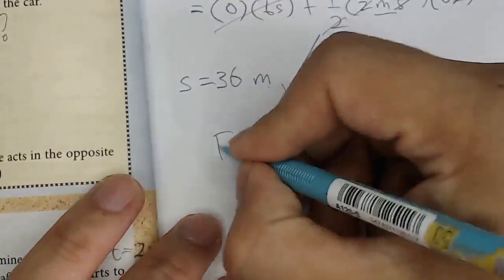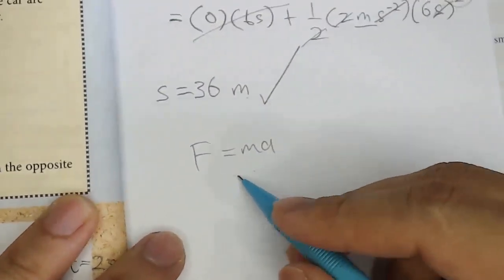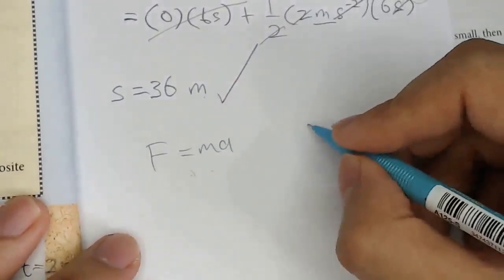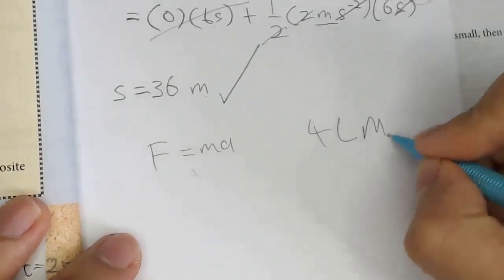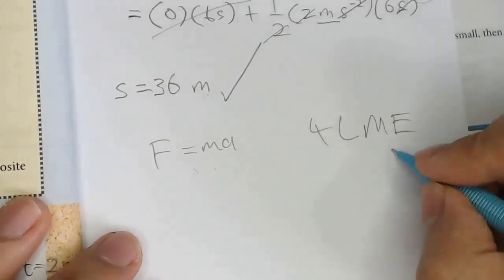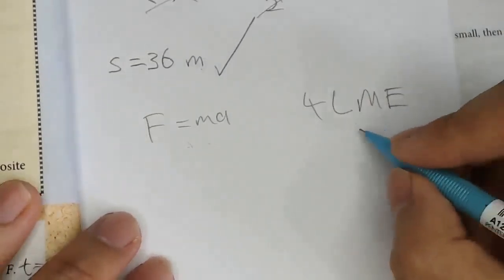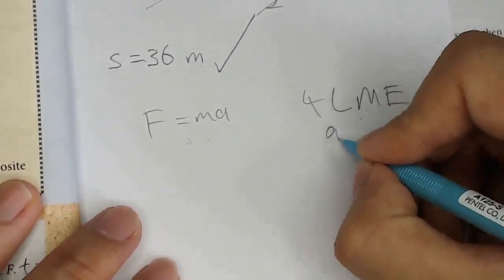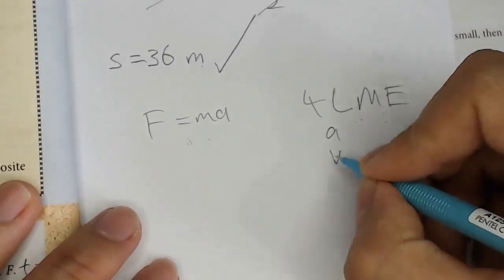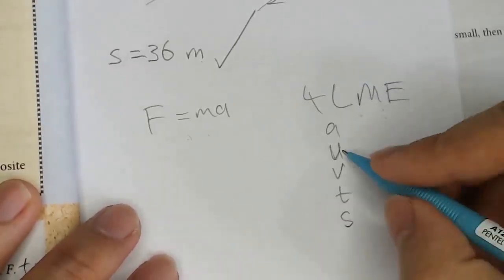The only thing that can be related between this formula and those 4 linear motion equations is the 5 components, which are A, U, V, T, S, correct?